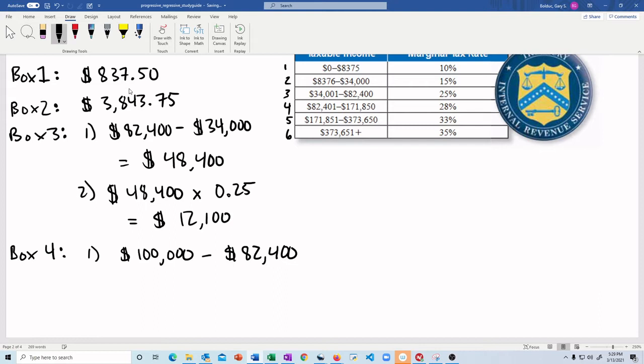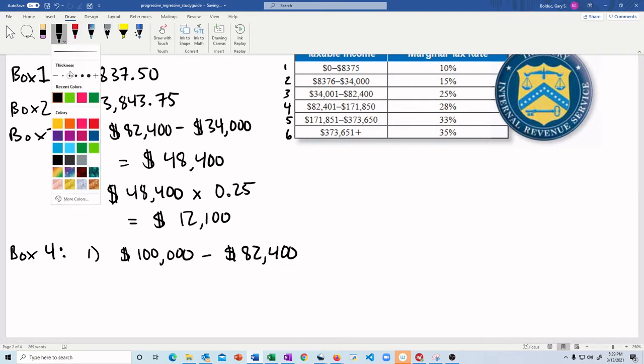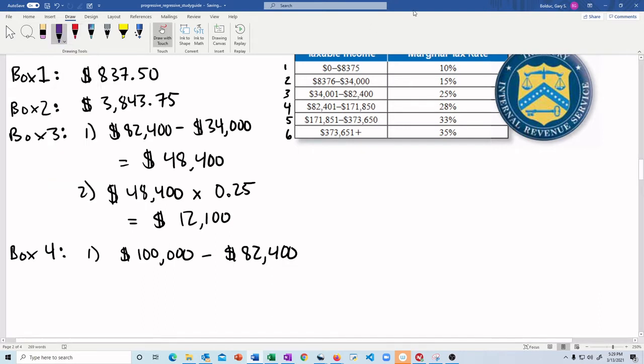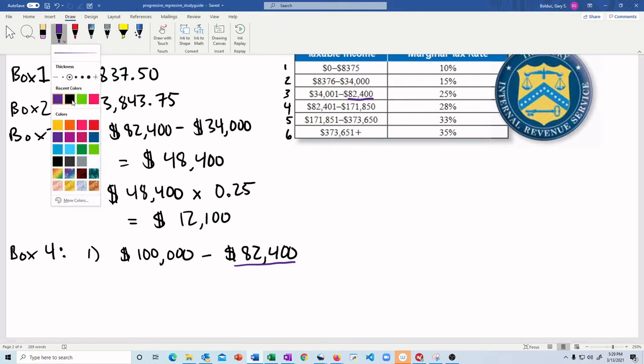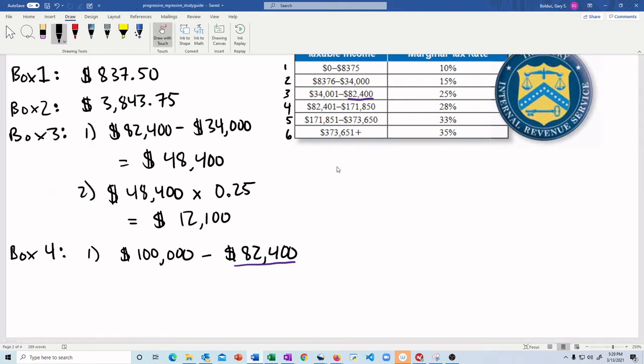So remember, I just compare, do a little color coding here. I just take my actual top end income and I'm comparing it to the top of that previous box, because that's how much I've actually already been taxed on. Okay, so this would then be $17,600. That's how much of my money is going to fit into box 4.